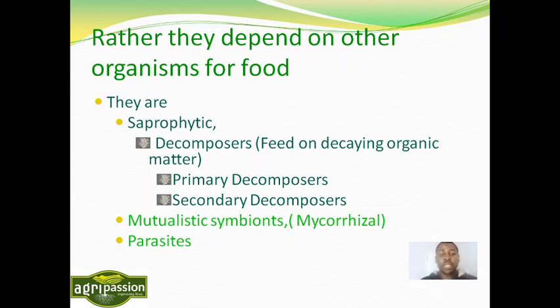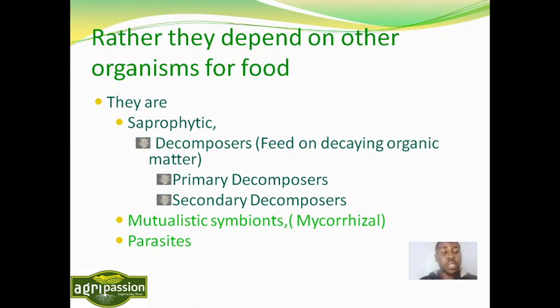They are the first to attack decomposing wood. They are the first to attack, and thus they grow very fast. That's number one. Number two, they are grown on a variety of substrates. They are not selective. An example is the oyster mushroom that most of you are interested in growing because they are primary decomposers.